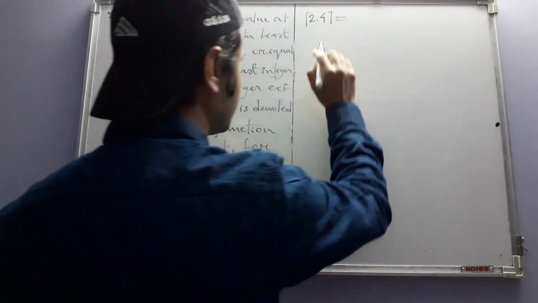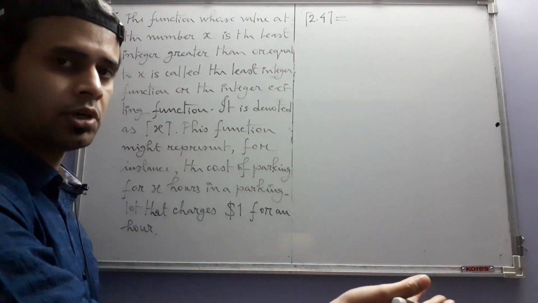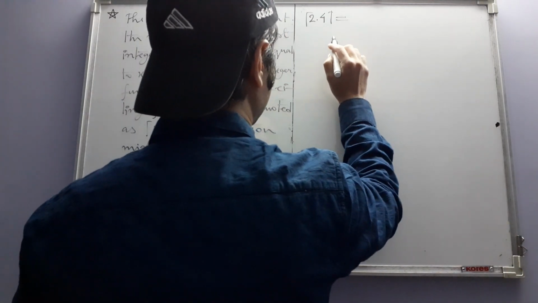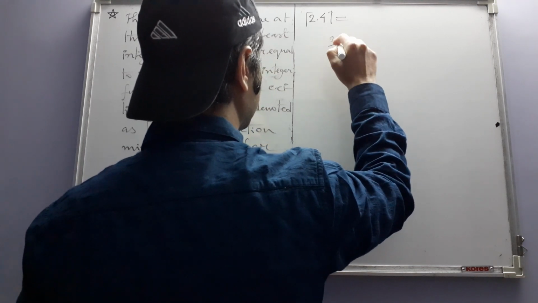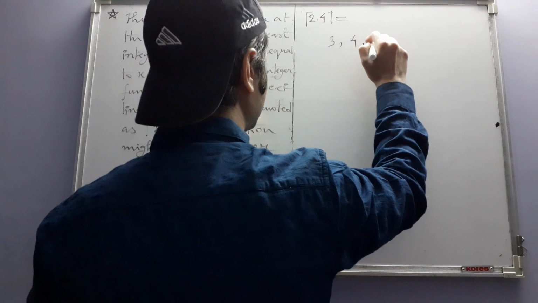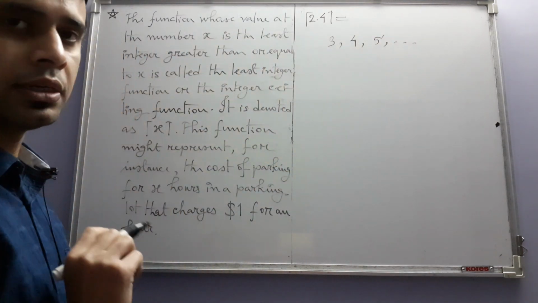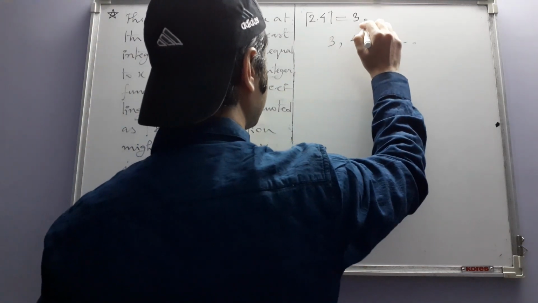We have to look at the integers that are greater than or equal to 2.4. No integer is equal to 2.4, of course, but the ones that are greater than 2.4 are 3, 4, 5, etc. Among them, the least one is 3. So this is equal to 3.